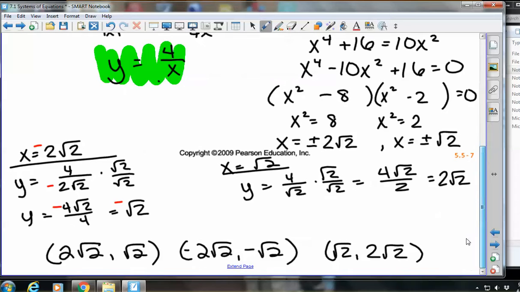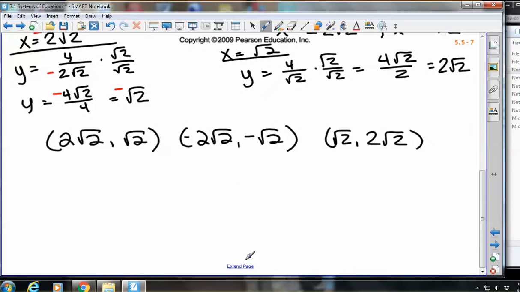So my final point, when x is negative radical 2, what's my y going to be? Negative 2 radical 2. All we do is switch that one to a negative. Okay, so that one we got 4 different answers.